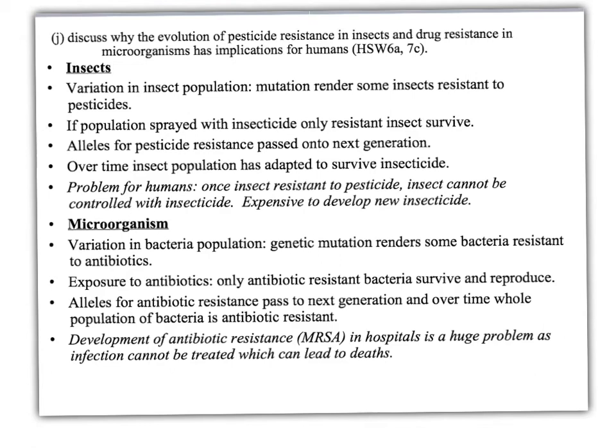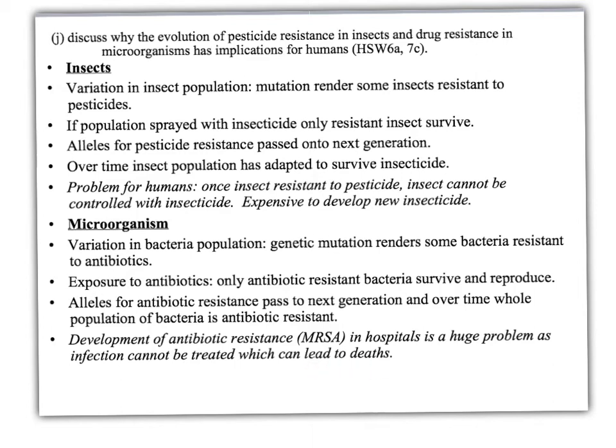The second one looks at microorganisms, bacteria, and that they become resistant to antibiotics. The issue is that antibiotic-resistant pathogenic bacteria that cause disease, and this occurs a lot in hospitals, we end up getting more deaths due to bacterial infections, because we just don't have the antibiotics to treat these resistant bacteria.